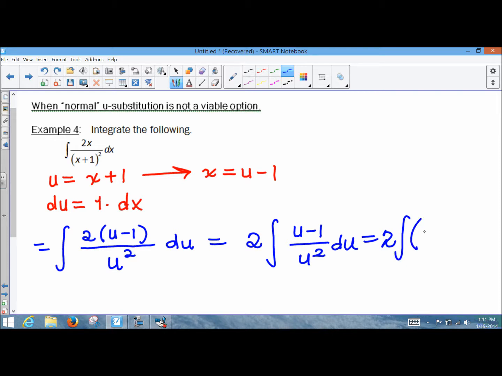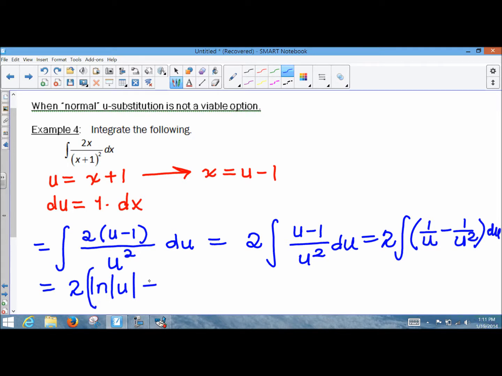U divided by u squared, of course, is 1 over u, and 1 over u squared is, of course, 1 over u squared du. Now we can let one of our new ideas take over. That is that the integration of 1 over u with respect to u is the natural log of the absolute value of u.